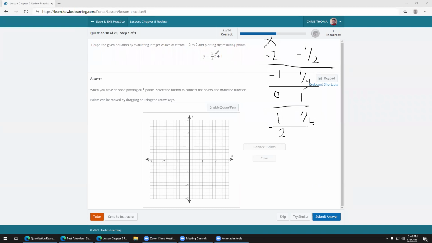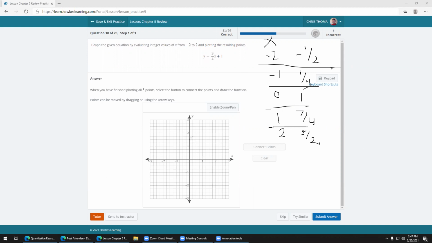Because 3/4 plus 4/4 is 7/4. And then if we do 2, that will become 3/2 plus 1, so 5/2. I did these in my head, so we're just going to check that one: 3 divided by 4 times 2 plus 1 equals 2.5. Yep.